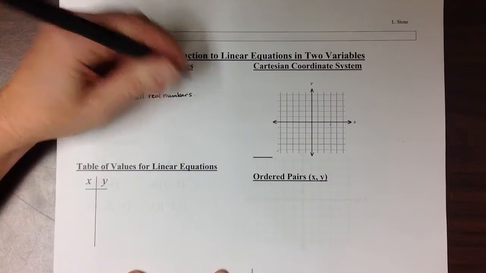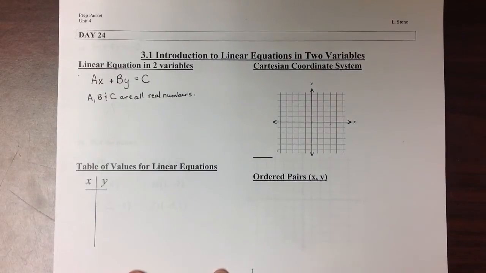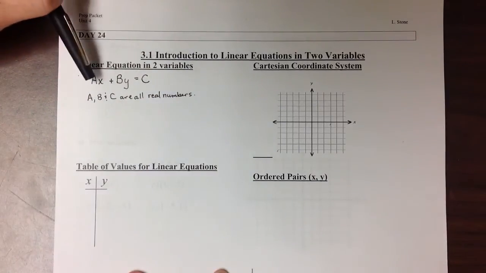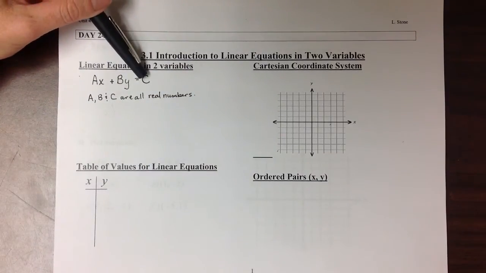Okay, so they can be decimals, they can be fractions, they can be rational or irrational numbers, they can be positive or negative, but there's an a, a b, and a c that are real numbers.